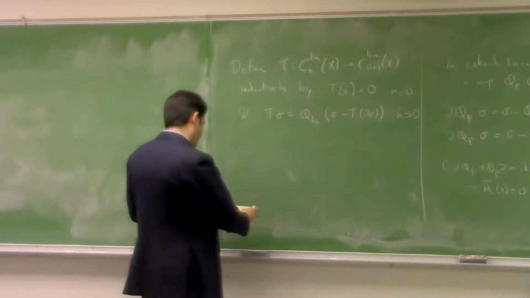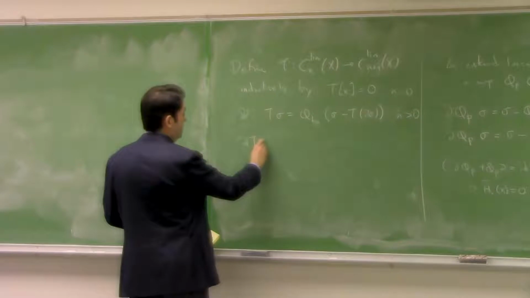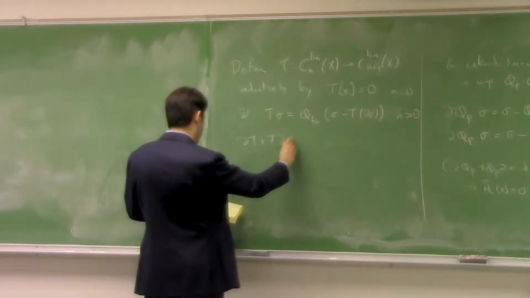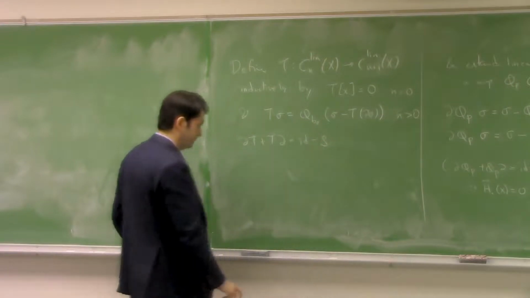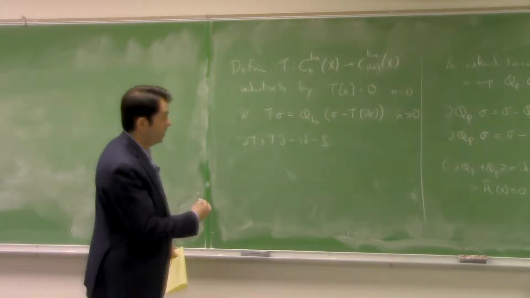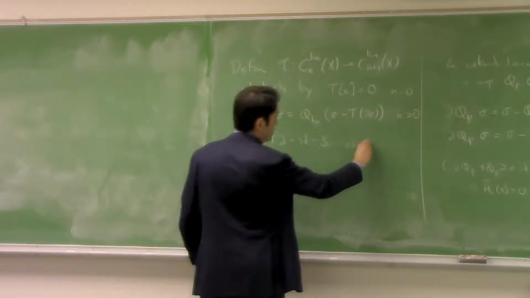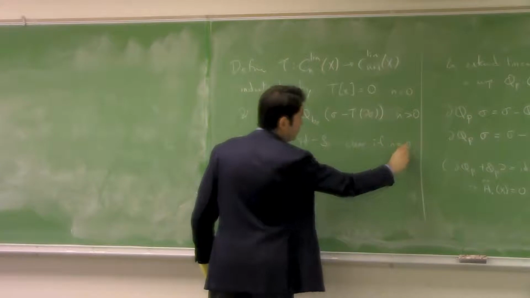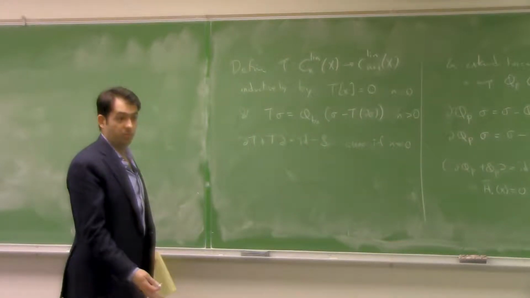Okay, so let's check that boundary T plus T boundary is equal to identity minus S. Right. So again, by induction, right, this is clear if n is equal to 0, because both sides are 0.